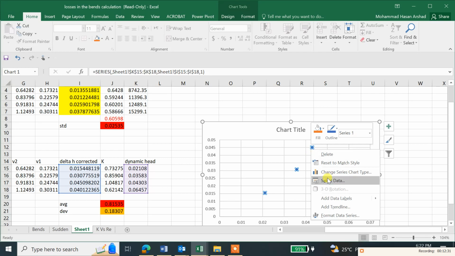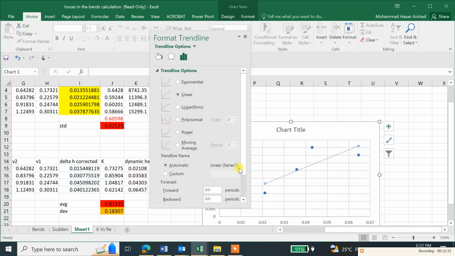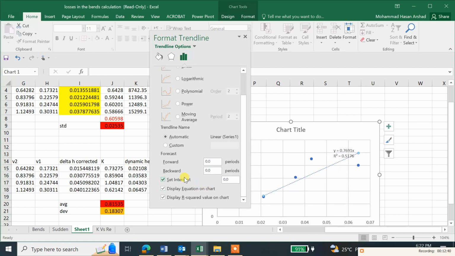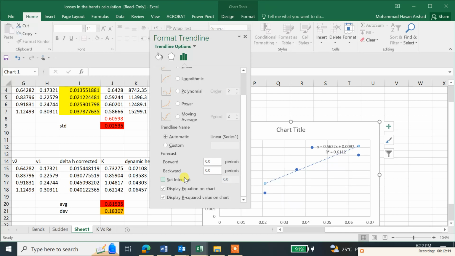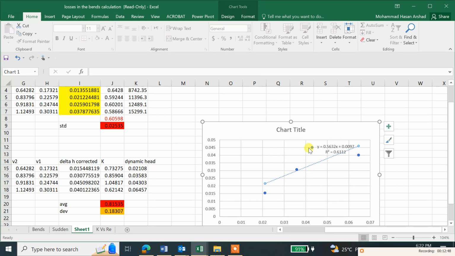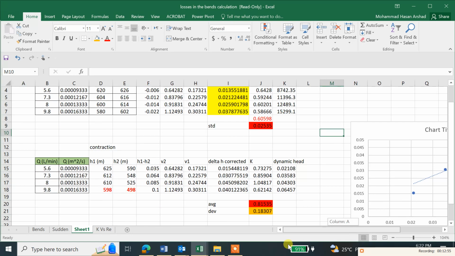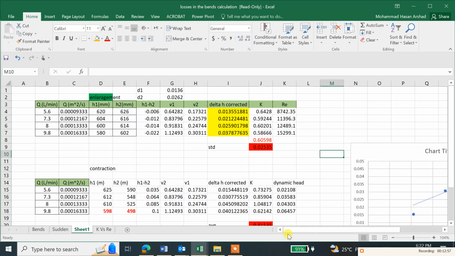If we add a linear trend line, we can force the intercept to 0. So this one is 0.56. So this is all about the calculation of contraction and enlargement. Thank you.